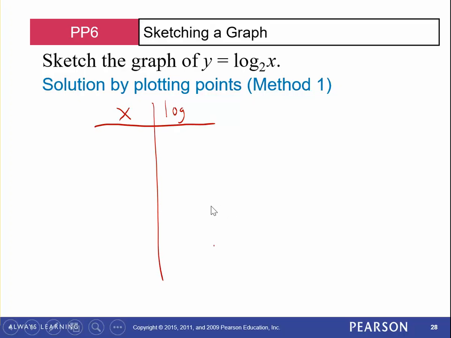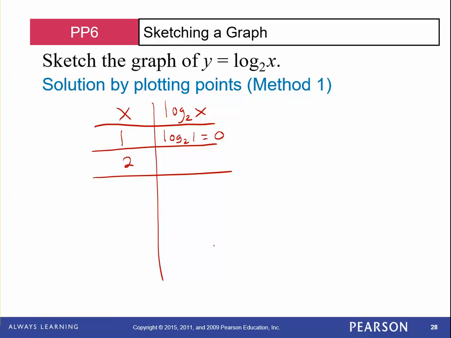So if you plug in any kind of x into this here, but of course it's not just any kind of x, you have to think about it. Let's see what number I can plug in so that when I take log base 2 of that number, I get a good answer. I'm going to plug in a 1 because I know that log base 2 of 1 is going to give me 0.